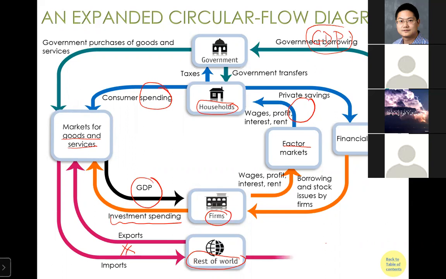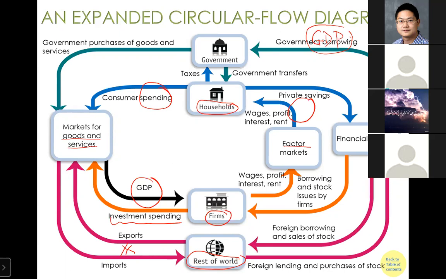Like the US is running a trade deficit, meaning we import more than we export. So we do not have enough foreign currency to pay for the goods we imported, and we must borrow in the international financial market, right? This borrowing happens through foreign lending, or purchase of stocks.